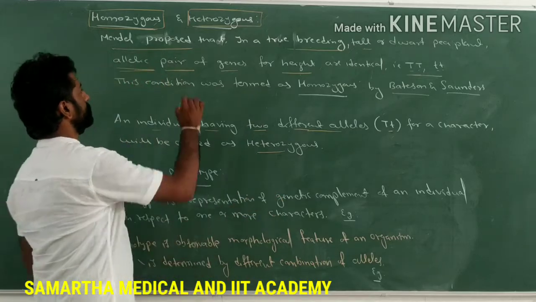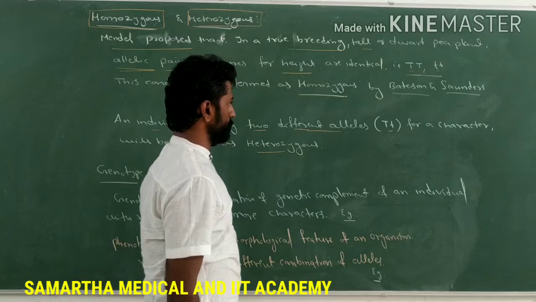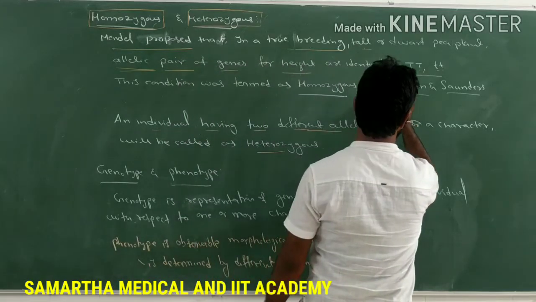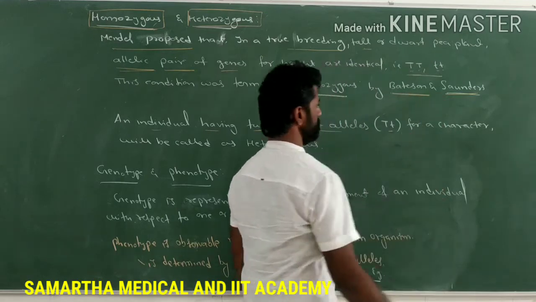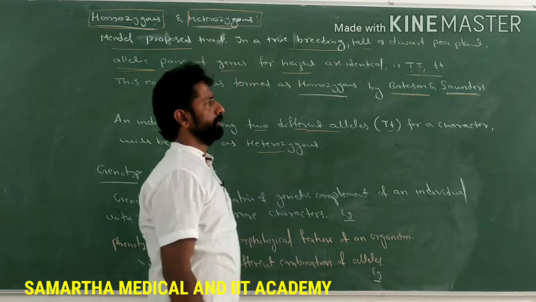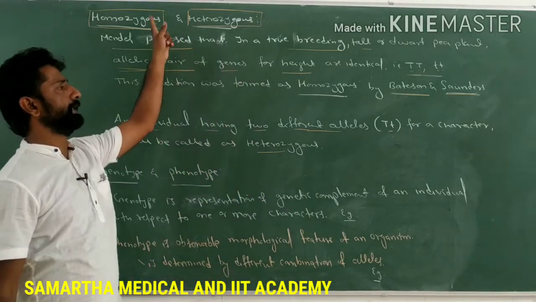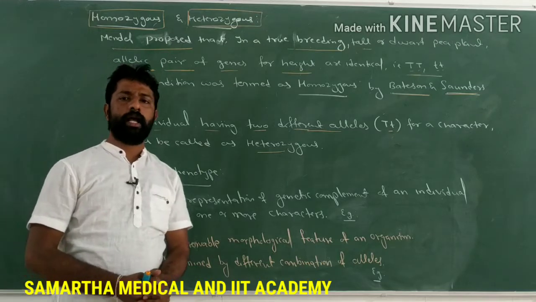So both these terms, homozygous and heterozygous, were proposed or coined by two scientists. What are the names of those scientists? One is Bateson and another one is Saunders. So heterozygous and homozygous terms were coined by Bateson and Saunders.